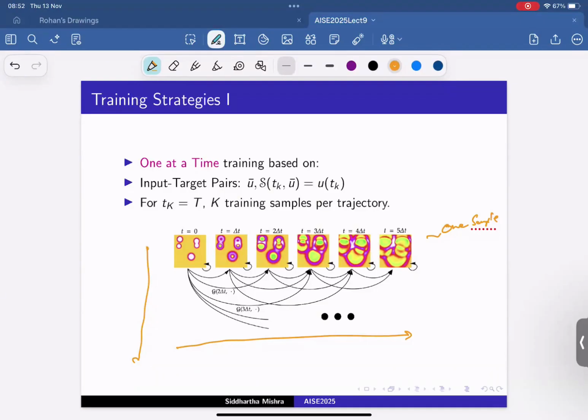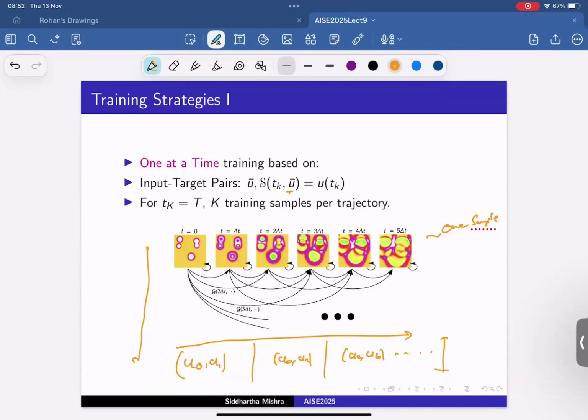So now what does one at a time training mean? One at a time training is simply that, given the initial conditions, what do you do in training? You have U0, U1, U0, U2, U0, U3, and so on, right? So just take the input-output target pairs. As you see, it starts with U0 or U bar.